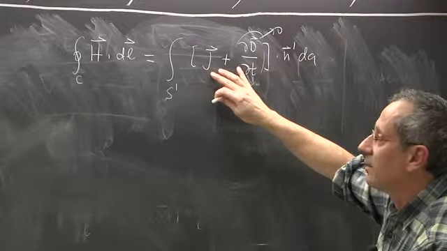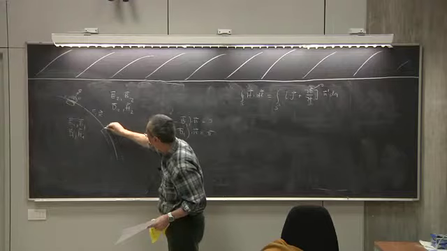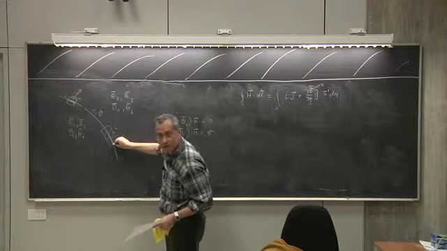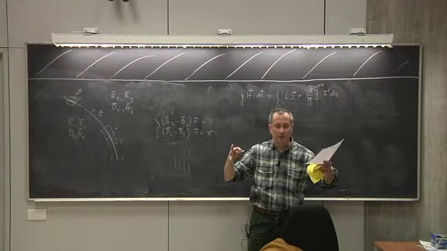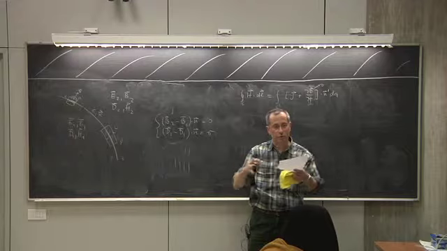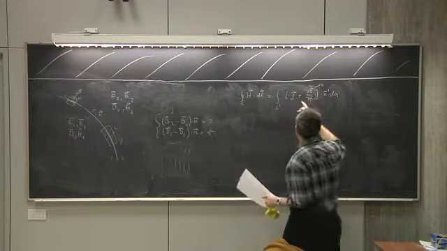This does not go to 0 because I have this K current on the surface. But the other term is just some field all around that is proportionate to the surface. So it's constant, the surface shrinks, so this gives no contribution.